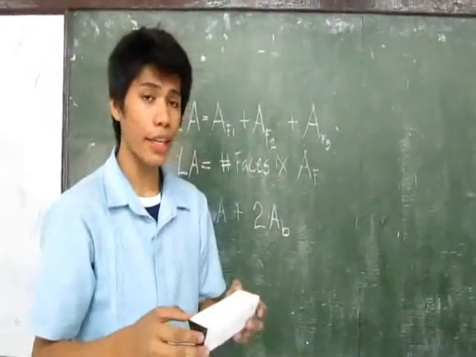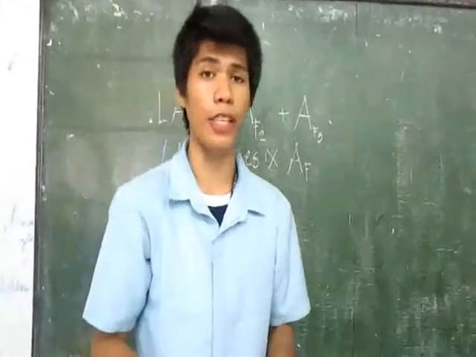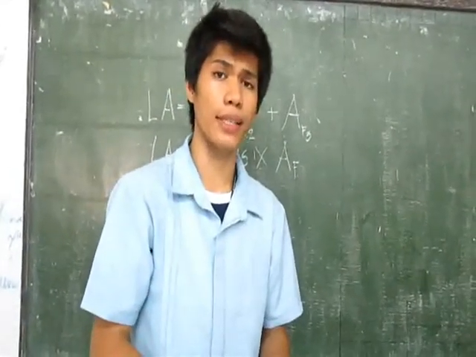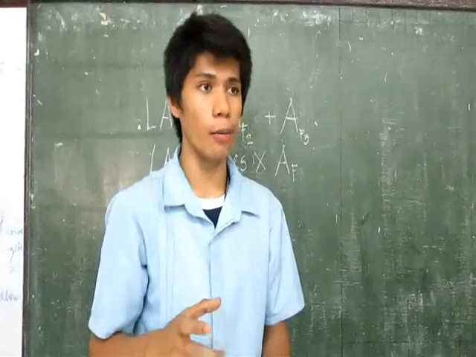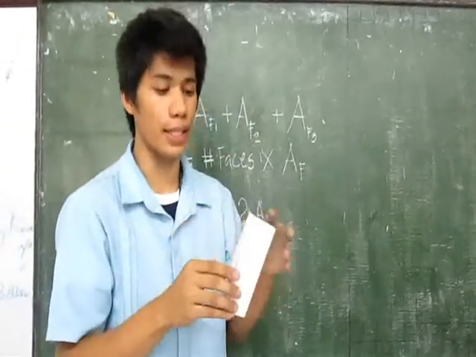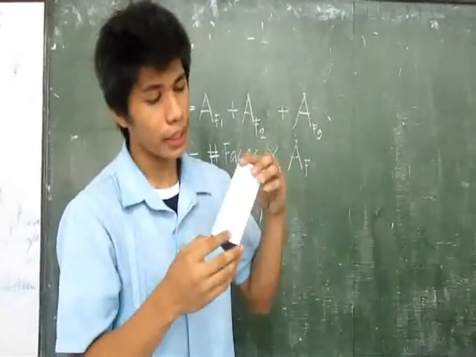Lateral area. The lateral area is the sum of all faces in our prism, and the total area is the sum of all faces and its bases in our prism. I have here a triangular prism. We all know that the triangular prism has three faces: face 1, face 2, and face 3.